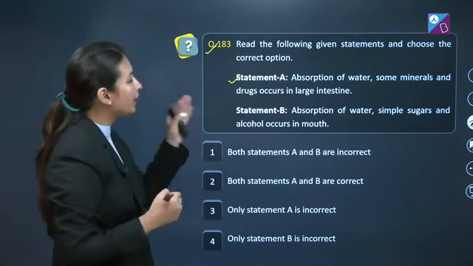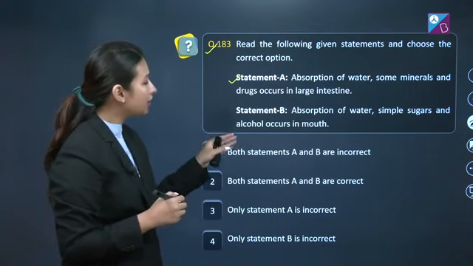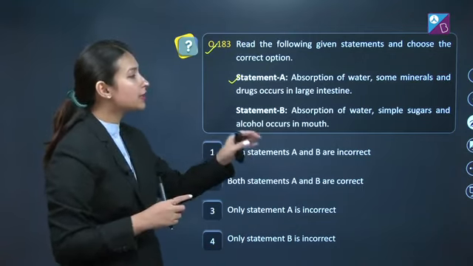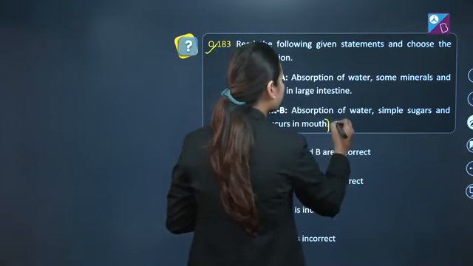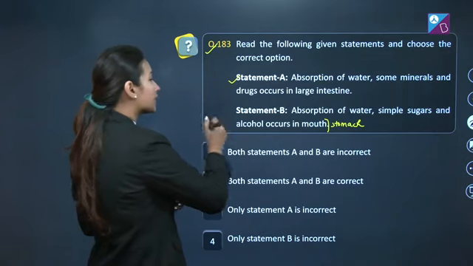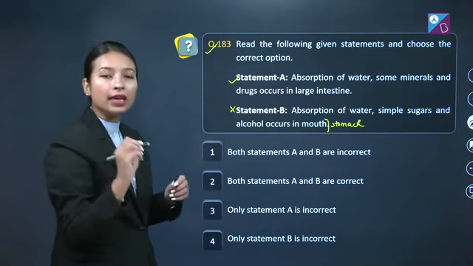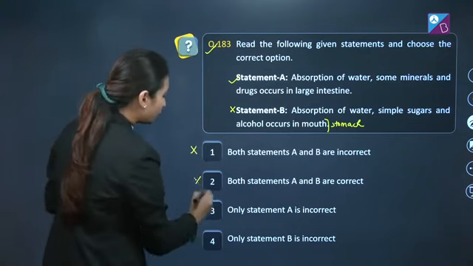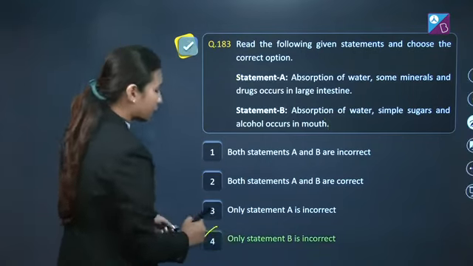Statement B यहाँ पे है absorption of water, simple sugars and alcohol occurs in mouth. ये बिल्कुल गलत है because absorption of water, simple sugars and alcohol occurs in stomach, not in mouth. So that's why यहाँ पे statement B गलत हो गया, and यहाँ पे only statement A is correct. So option number 1, 2 and 3 are incorrect, and a correct answer here is option number 4.